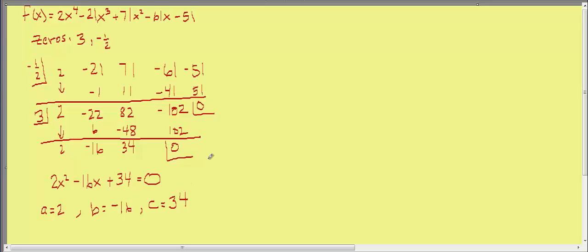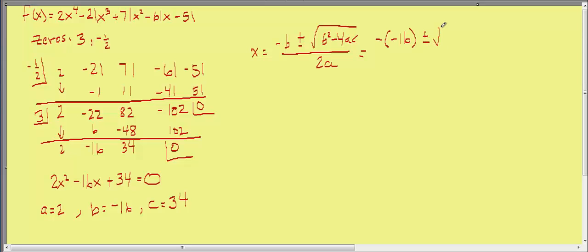All right, so we have x is negative b plus or minus the square root of b squared minus 4ac all over 2a. You do want to have that memorized. So I am going to have negative of negative 16 plus or minus the square root of negative 16.